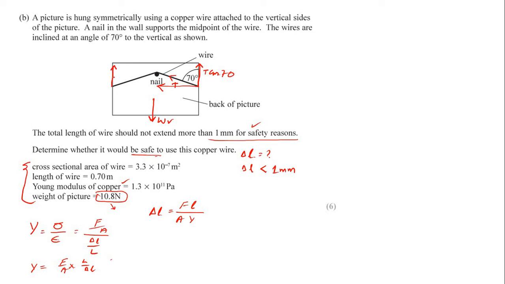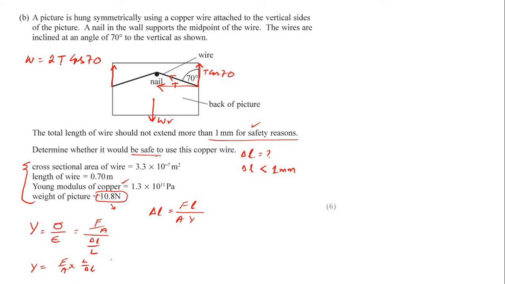This is a step that you need to include in your working: W, the weight, is balanced by 2T cos 70.